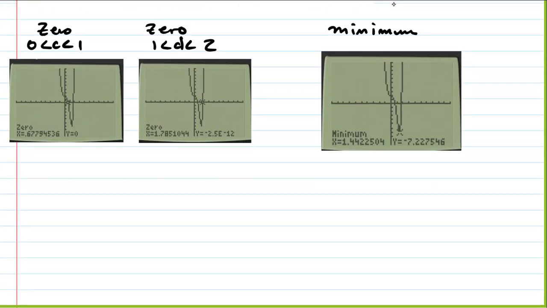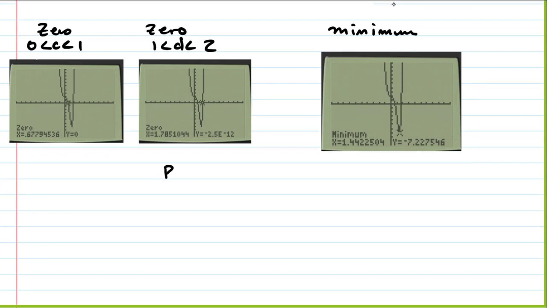So now the very last thing we were asked is, what is the range? Well, we know the end behavior is our graph starts up and ends up, and we have a minimum at this point. So our range is going to be approximately negative 7.228, and I'm going to round it to the nearest thousandth, all the way up to positive infinity.